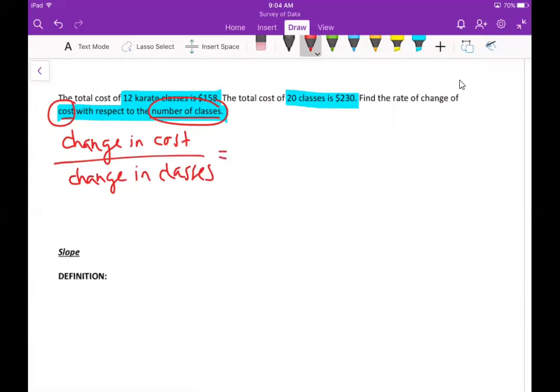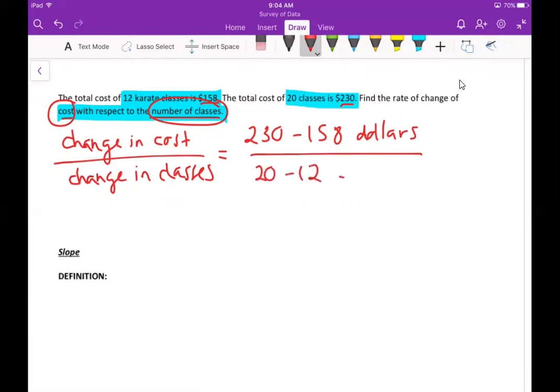Okay, so we have two different points here. The second point we know, just make sure you line these up, right? What's your change in cost? So we ended at 230, we started at 158. So 230 minus 158, our unit there is dollars, over change in classes. We ended at 20, we started at 12 classes. So that will give us 230 minus 158 is $72.